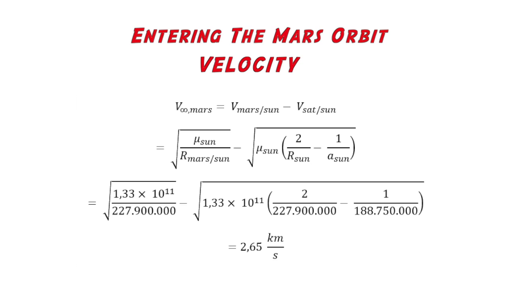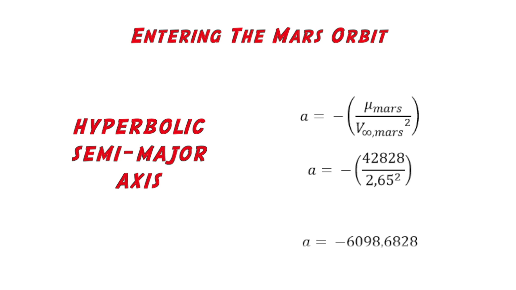Based on our calculation, MAVEN's velocity when entering Mars is 2.65 km per second. And then we get the hyperbolic orbit parameter when entering Mars based on this equation, and the final result is minus 698.6828.